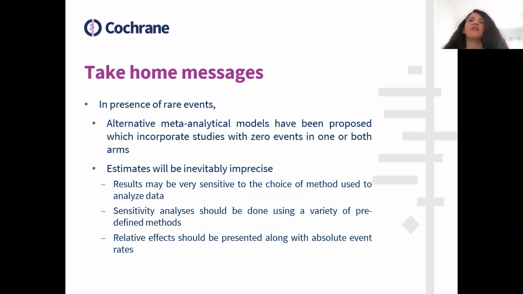Results are very sensitive to the choice of methods that we use to analyze our data. So a solution would be to do various sensitivity analyses using a variety of predefined methods. We should also report the absolute event rates instead of risk ratios or odds ratios in order to have a clear picture of the extent of the problem in our data.